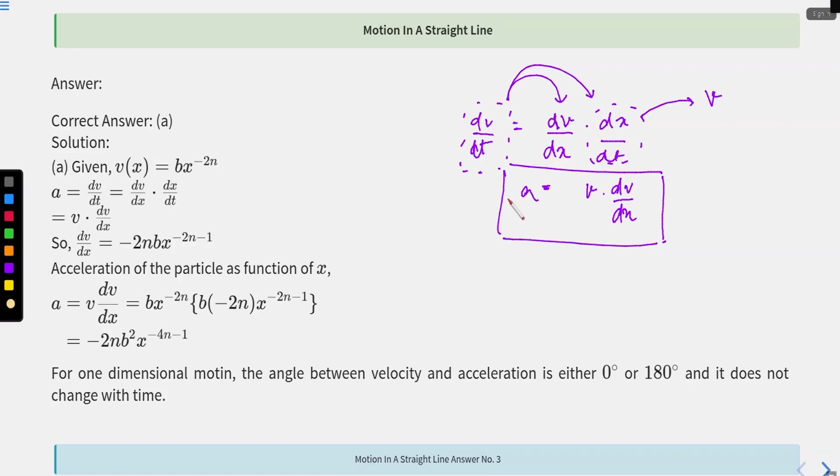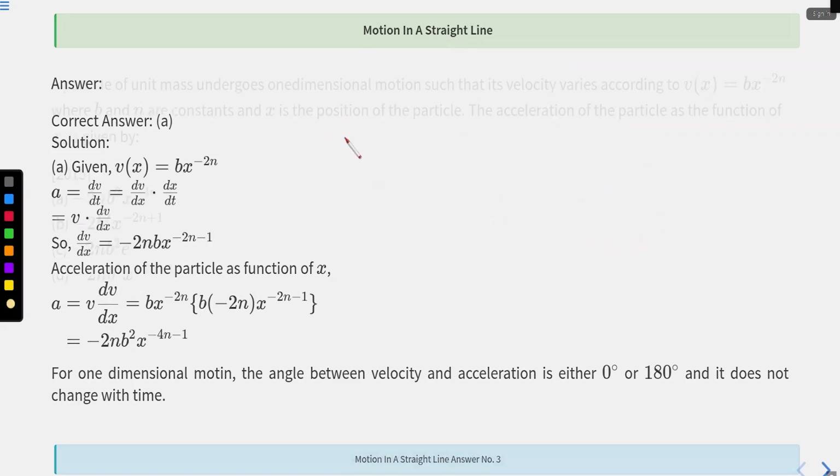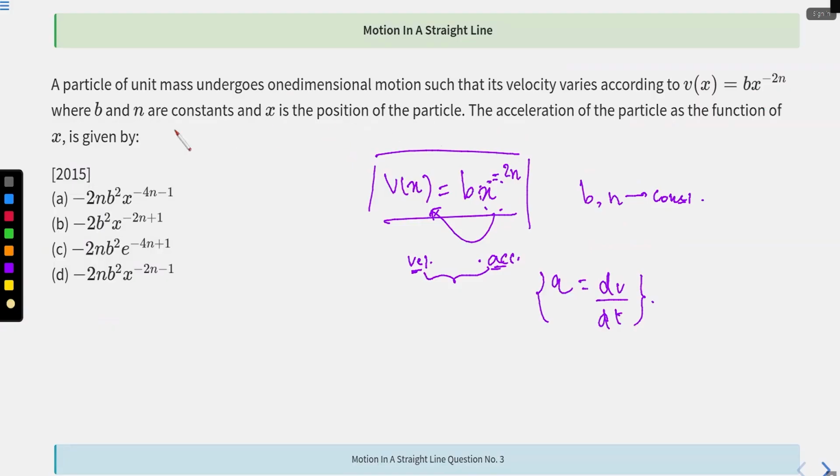So what's the reason that we have just derived another equation of acceleration? Why wouldn't we be happy with the equation a is equal to dv by dt? It should be a question in your mind, correct? Why didn't we derive an equation of acceleration with respect to time? Because we don't have anything in terms of time in this question. You just notice over here, they have told about the equation, and the equation is in terms of position, not in terms of time.